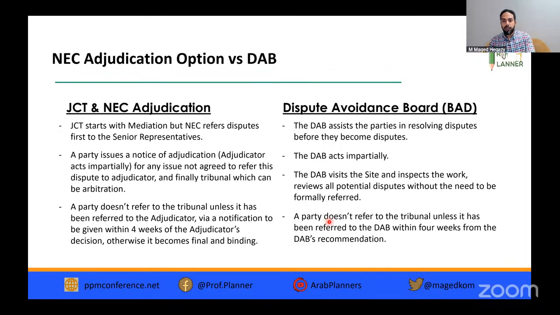So they can make visits. This is what FIDIC added in 2017. A party doesn't refer to the tribunal unless it has been referred to the DAB within 4 weeks from the DAB's recommendation. Here we have DAB recommendation because they are using it for avoidance, while in FIDIC we have DAB decision.